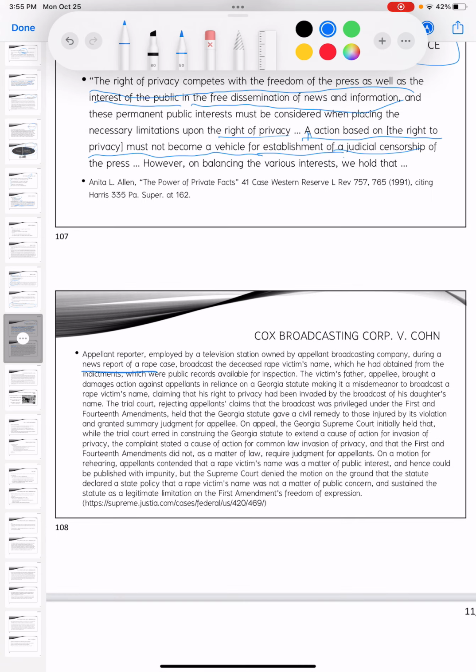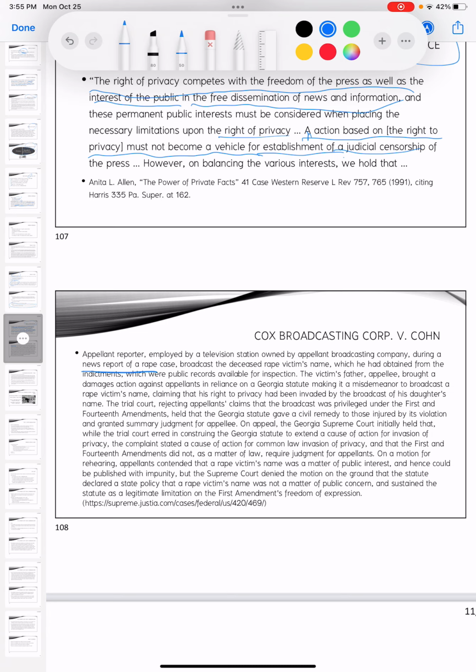So Cox Broadcasting Corporation versus Cohn is the landmark case in the US where the Broadcasting Corporation obtained the name of a rape victim who was already dead and published it in the news.